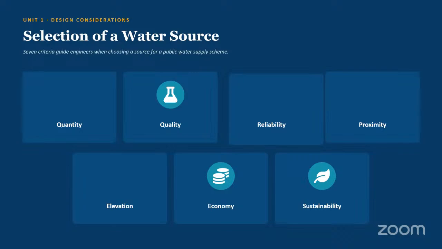Quality refers to how clean and safe the water is. The water should be free from different pollutants, organics and inorganics, various chemicals, no harmful microorganisms, no toxic chemicals, no color, no odor, and all the parameters should be within permissible limits.